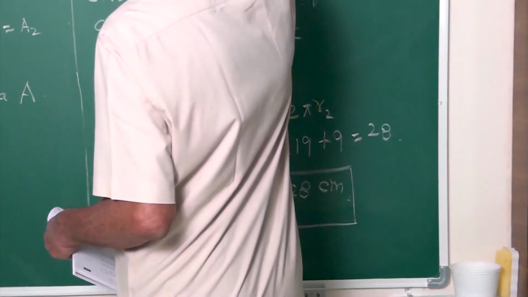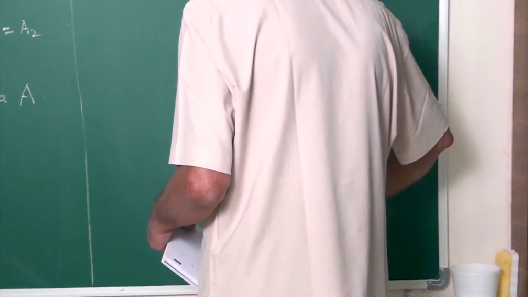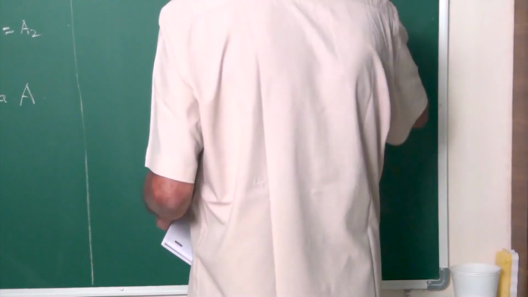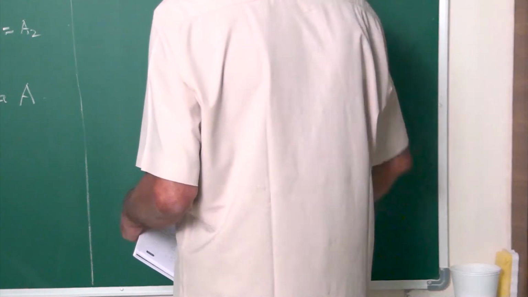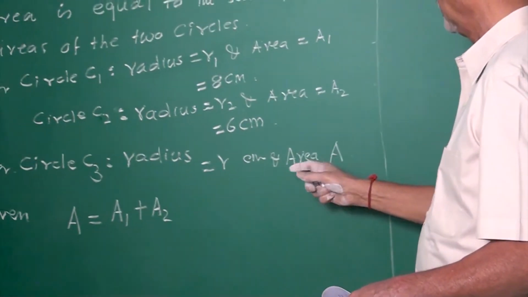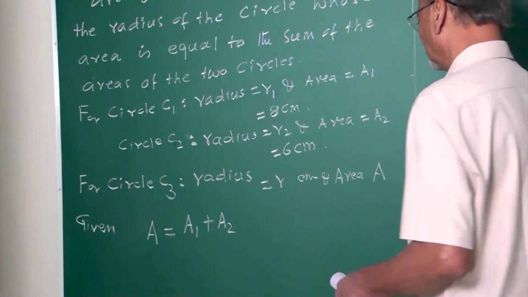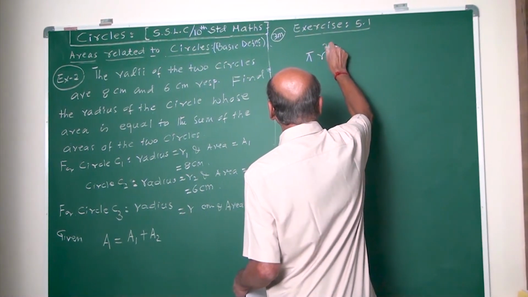Instead of circumference, this second example is connected with area. What is the area of the third circle? Radius is R. Therefore, that A is pi R square.